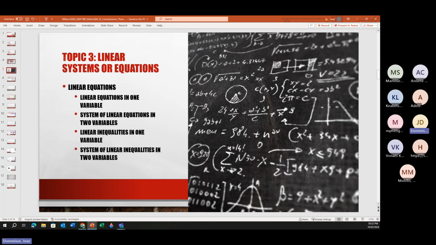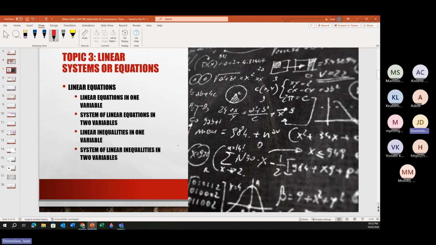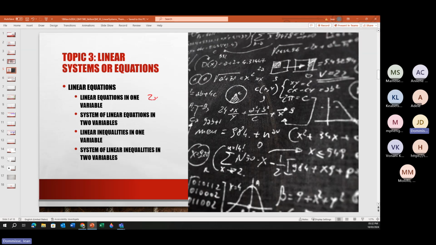That is where we will solve an equation like that, so we will focus on one equation with one variable.